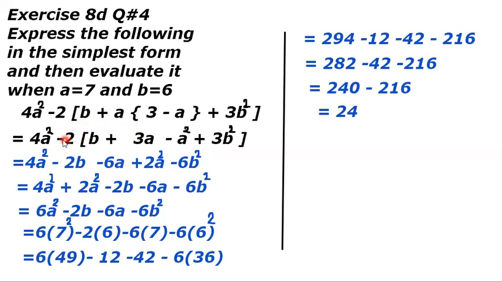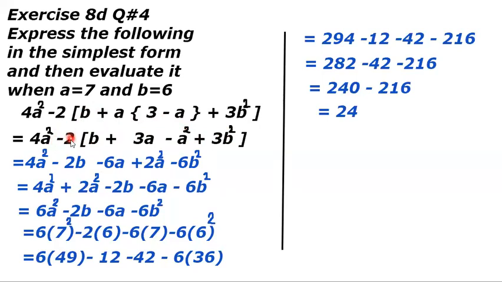Now we will multiply negative 2 by negative A square. First multiply 2. 2 multiplied by A square will give us 2A square. Now let's multiply signs. Negative sign multiplied by negative sign gives us a positive sign. So positive 2A square.